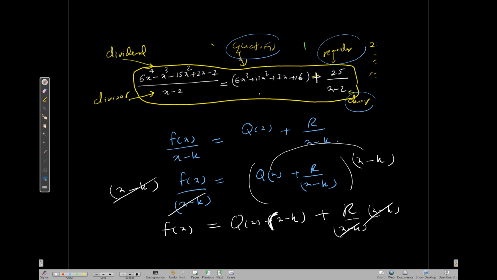Now look at this equation: f of x equals q of x times x minus k plus r.